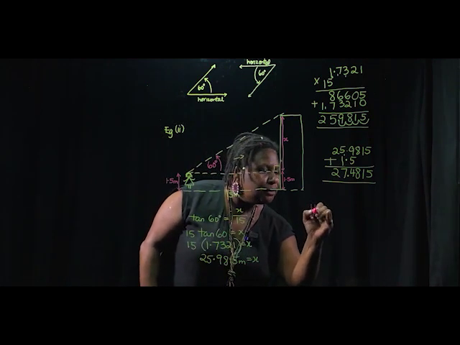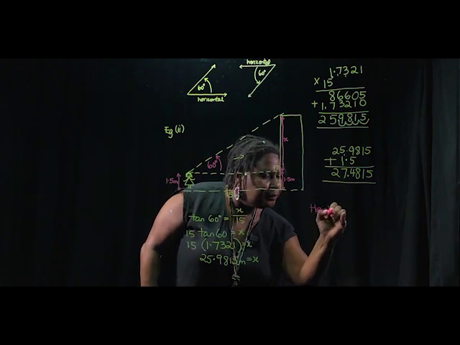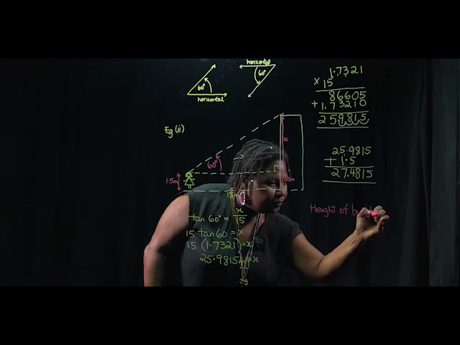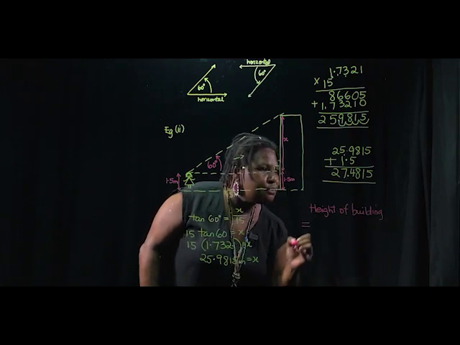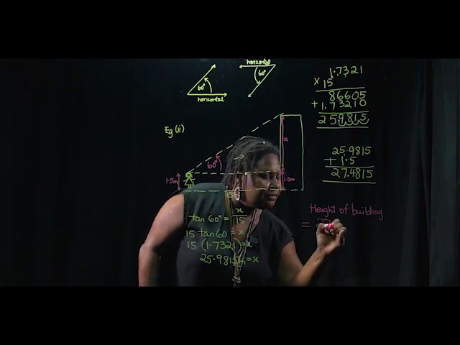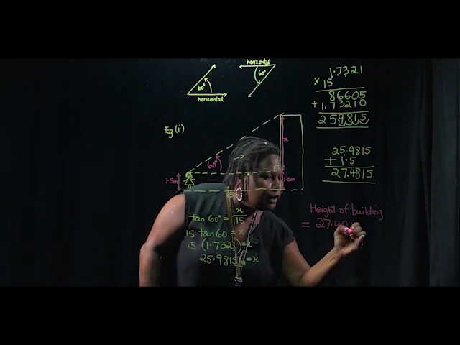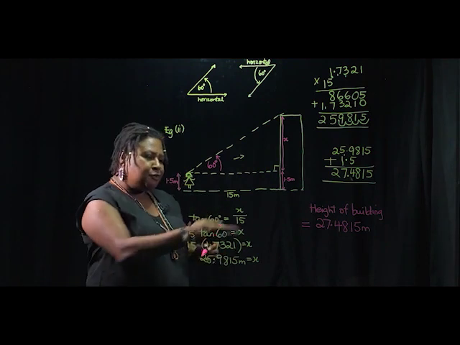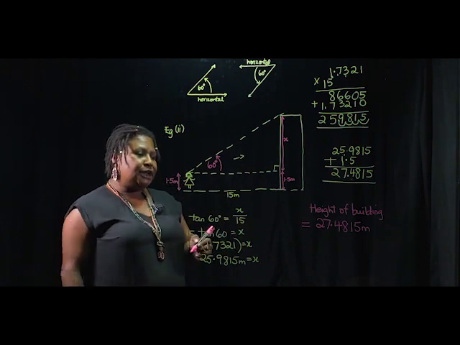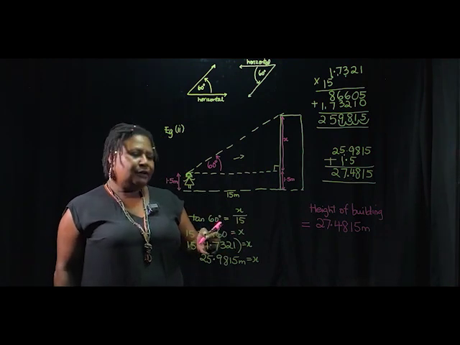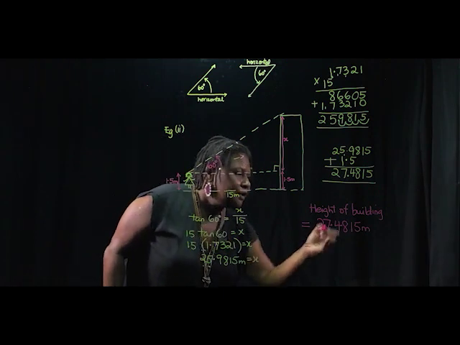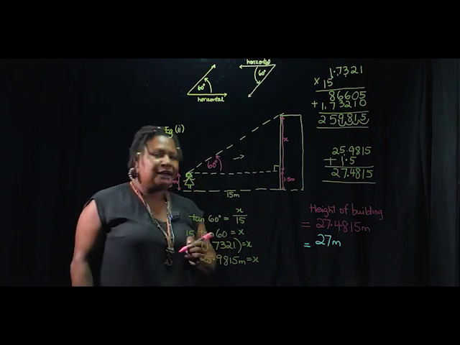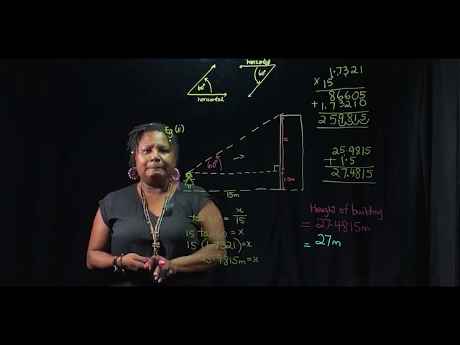The height of the building is equal to 27.4815 meters tall. If you are asked to round this off to the nearest whole number, then the building is 27 meters tall.